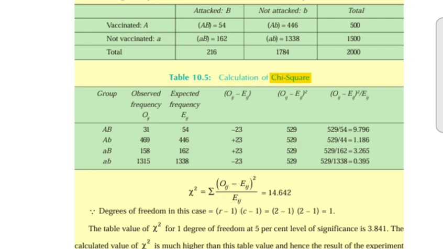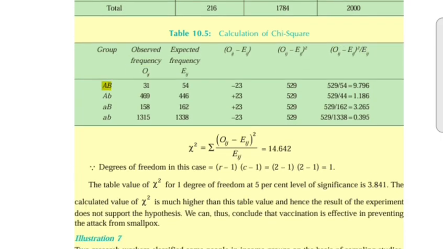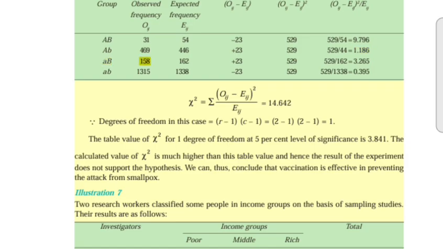Table 10.5. Calculation of chi-square. Group, observed frequency, expected frequency, (Oi - Ei)^2, (Oi - Ei)^2 / Ei. AB: 31 and 54, 529, 529/54 equals 9.796. 469 and 446, 529, 529/446 equals 1.186. 185 and 162, 529, 529/162 equals 3.265. 1315 and 1338, 529, 529/1338 equals 0.395.